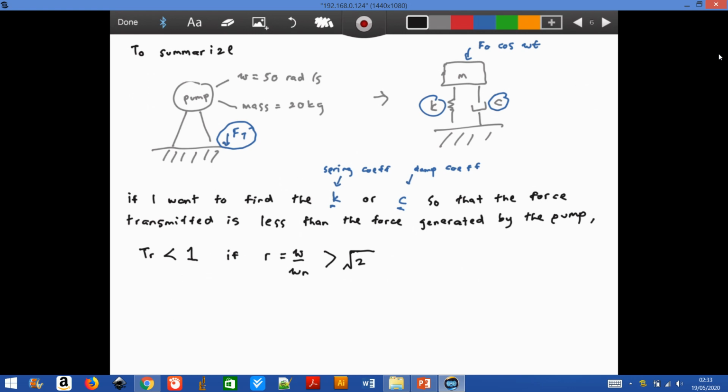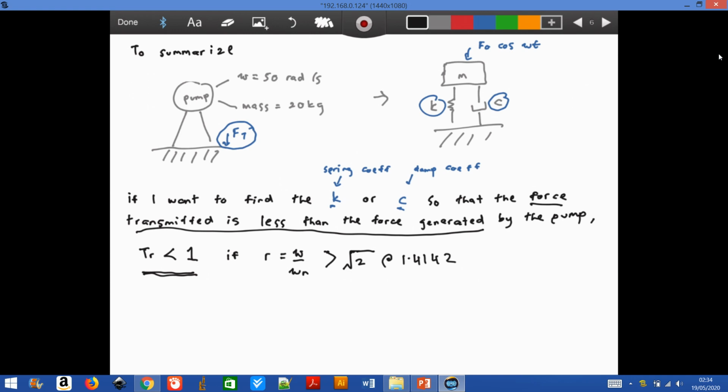So as I mentioned just now, in order to get a lower transmissibility ratio, whereby the force transmitted is less than the force generated, we need to ensure that the frequency ratio is larger than square root of 2, or 1.4142.